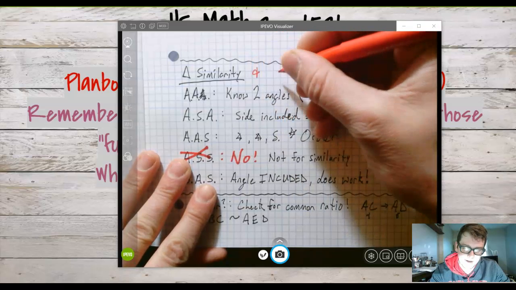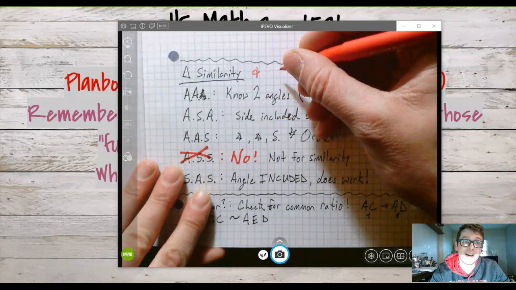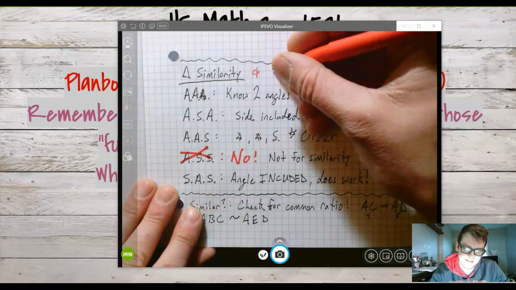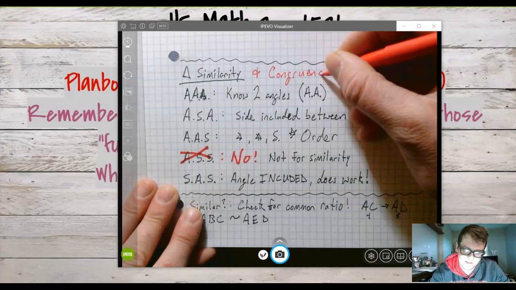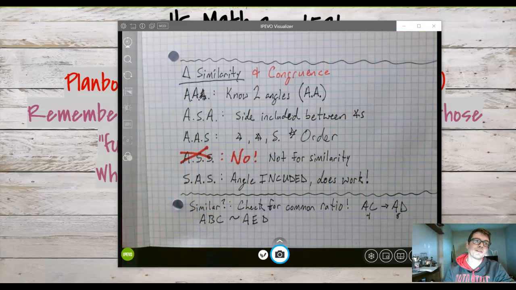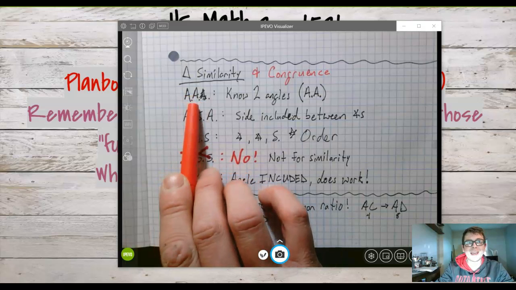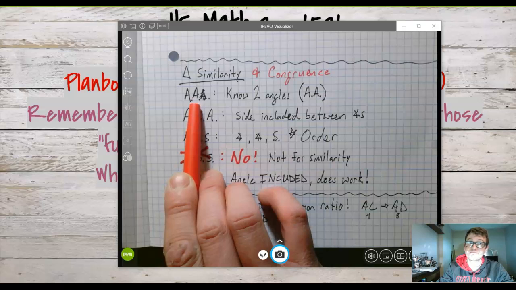Because we're talking about triangle similarity and congruence. Does congruent angles tell us congruent triangles?